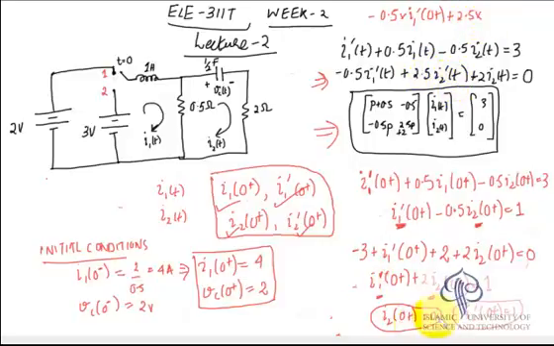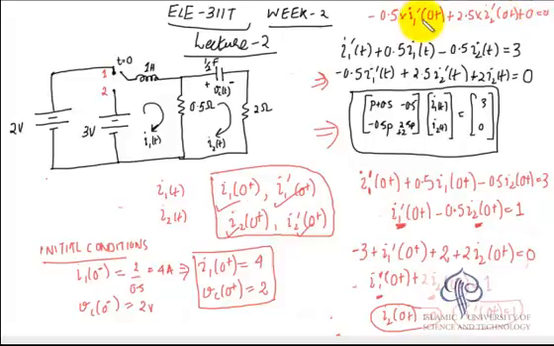plus 2 I2 0 plus, which is 0, plus 0 is equal to 0.